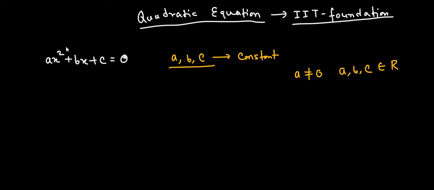Now this particular equation has two roots. So how will you find out the roots of this equation? Suppose ax square plus bx plus c is equal to 0.